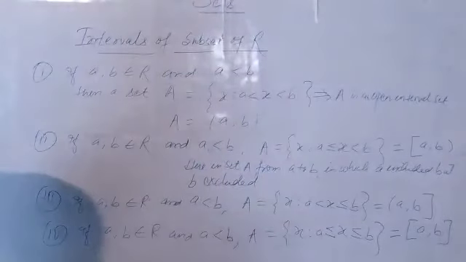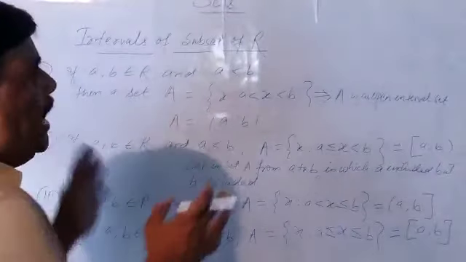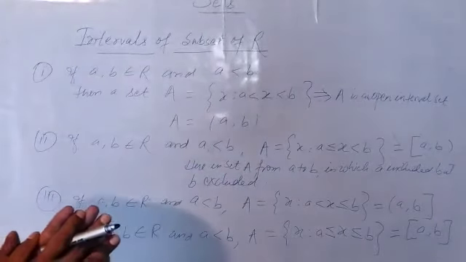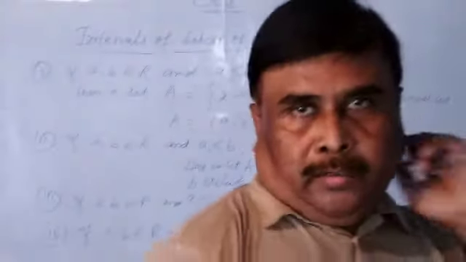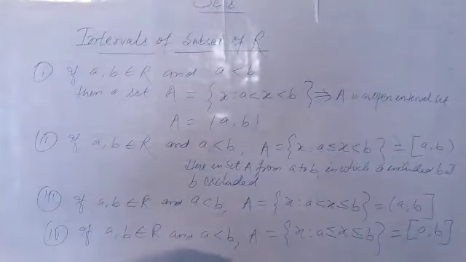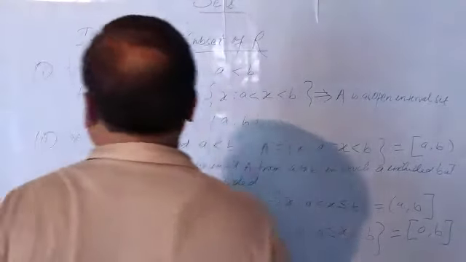Right? Note down this. Then we describe all these intervals with the help of the number line. It means by using the number line we describe each of the intervals one by one with the help of figures.